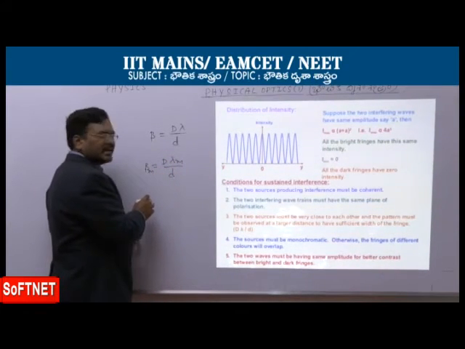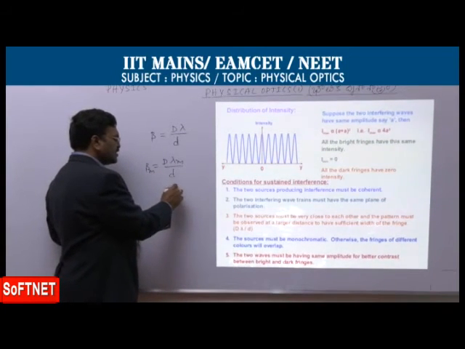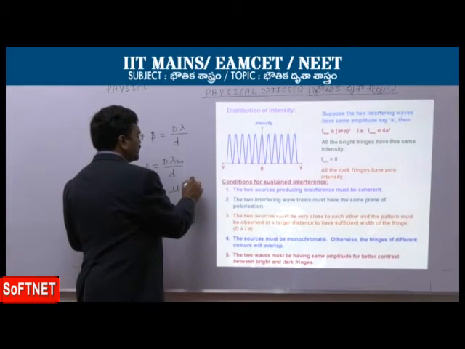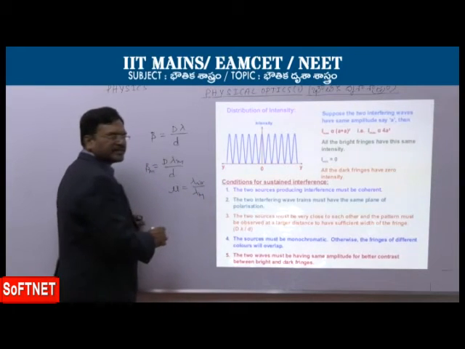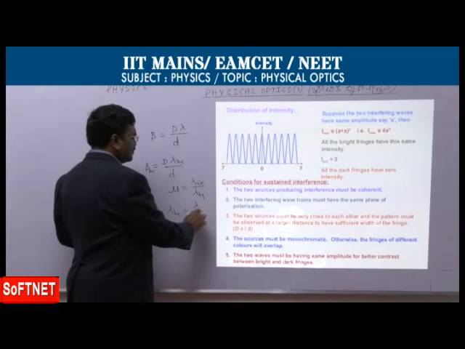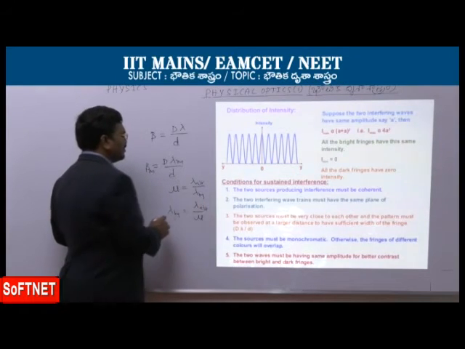Mu is equal to lambda in air by lambda in medium. So lambda medium is equal to lambda by mu.